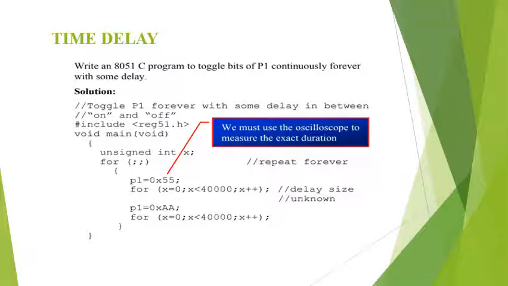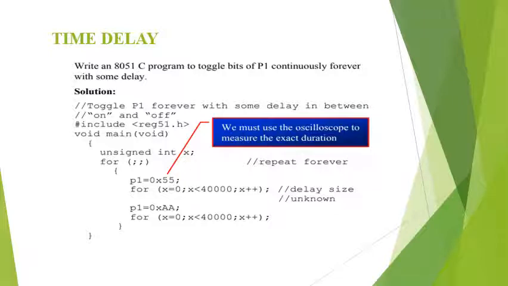Let us see an example for the time delay caused using simple for loops. Write an 8051 C program to toggle bits of port 1 continuously with some delay. In the main function we have the variable x declared as unsigned int, and since P1 has to be toggled continuously, in the for loop there is no condition mentioned.